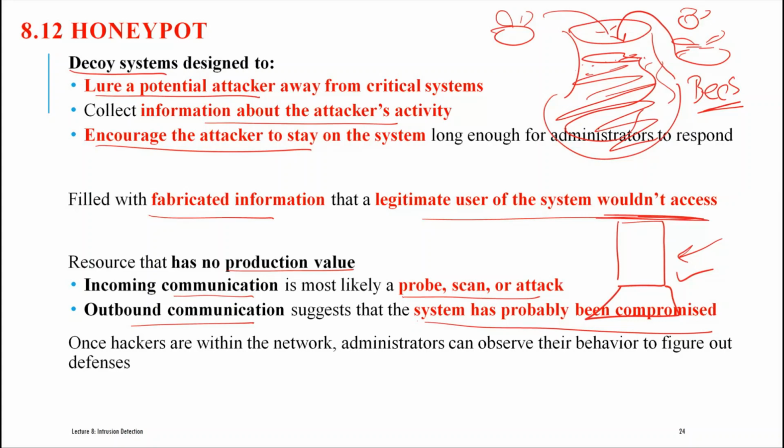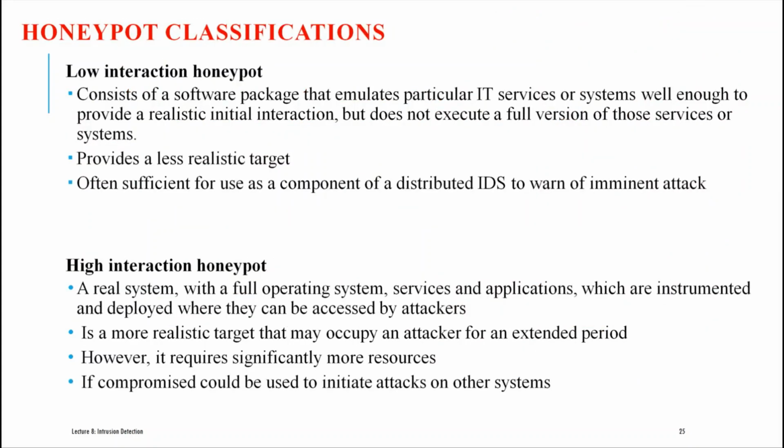Now if you go for honeypots, you can classify them into two types. One is the low interaction honeypot and the second one is the high interaction honeypot. So what does low interaction mean? Here you are going to have only a minimal version. For example, even the operating system is not a complete version here.